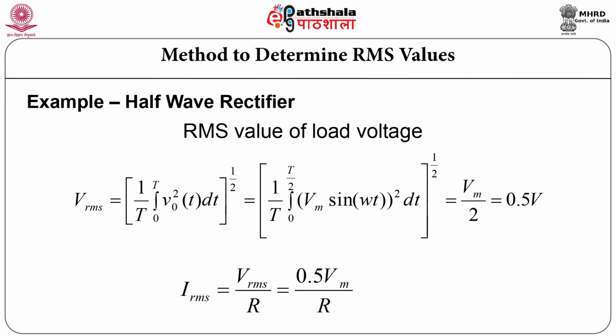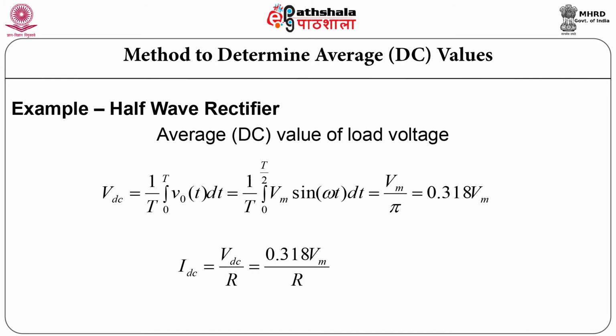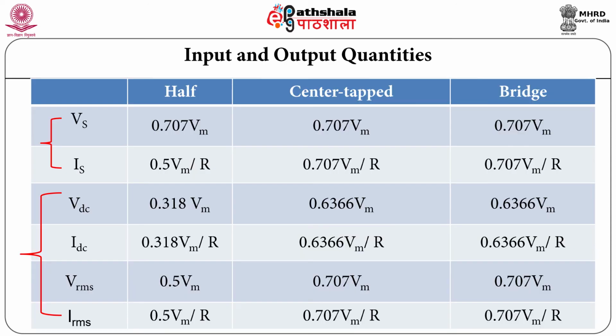So, it is root mean square. So, in this way, one can determine the RMS values. Then, one can determine the DC value or average value of the output voltage according to this formula. So, using these types of formulas, one can determine the Vs, Is.